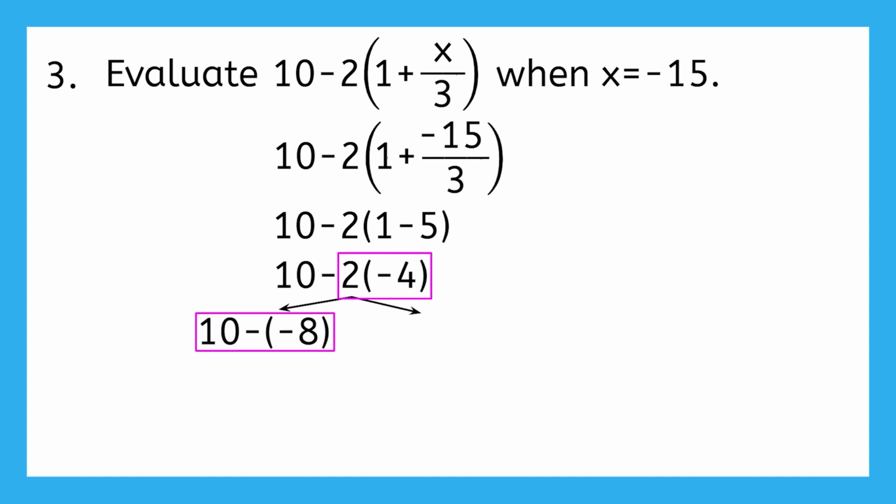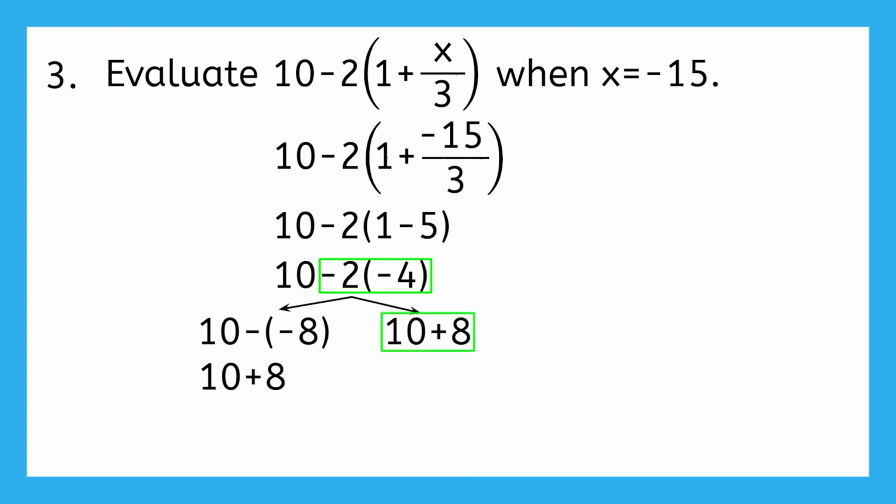Again, to avoid two operations together, we will rewrite this as 10 plus 8, since two negatives make a positive. Now, another way that we can think about this multiplication is as negative 2 times negative 4. And that gives us a positive 8, which would then give us 10 plus 8.